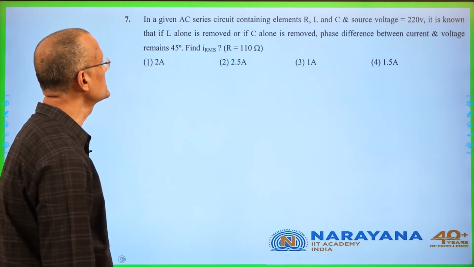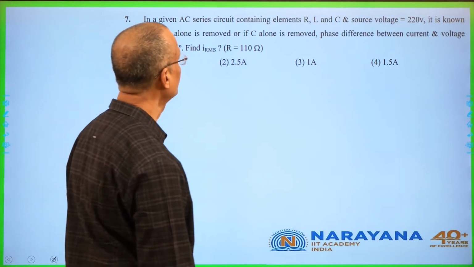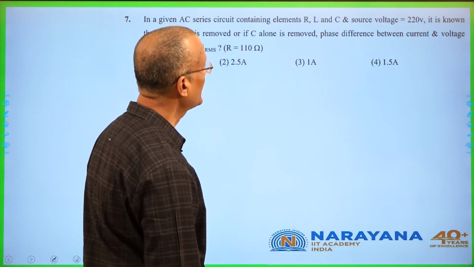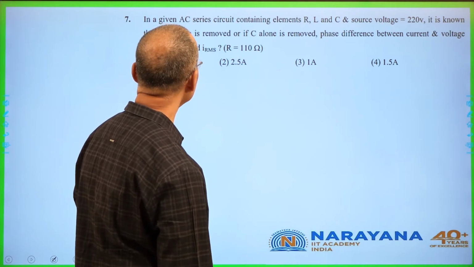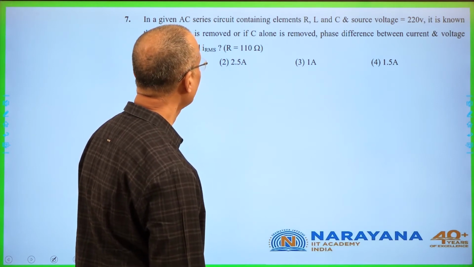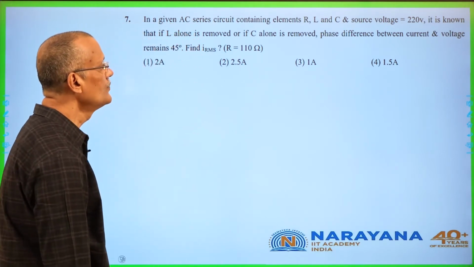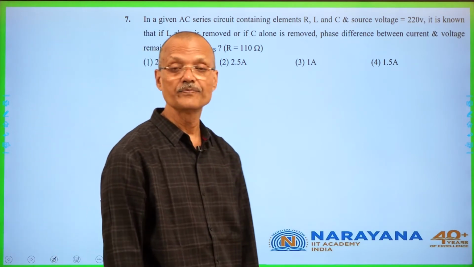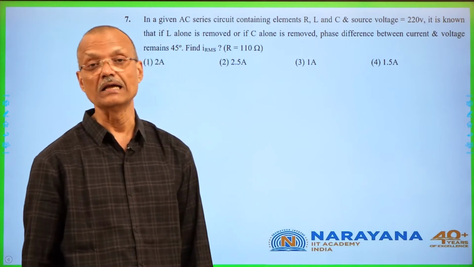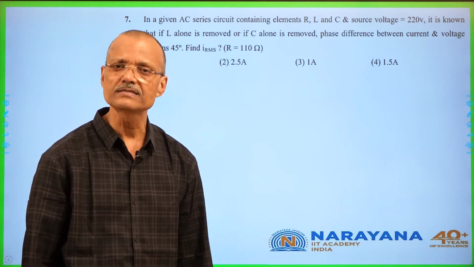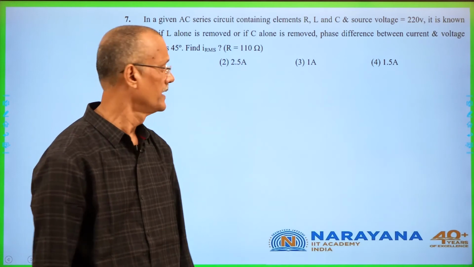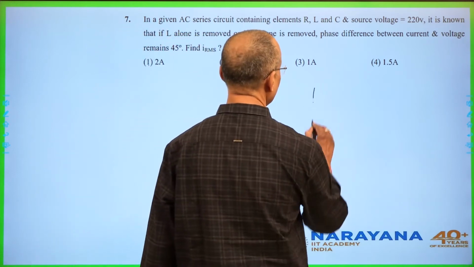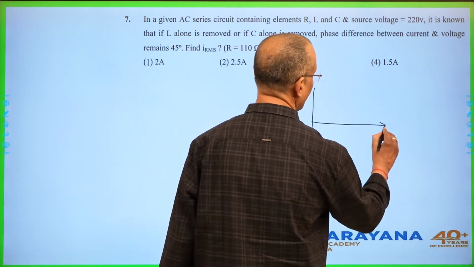In a given AC circuit, a series circuit, it has R, L and C. It is known that if L alone is removed or if C alone is removed, the phase difference between current and voltage is not changing. It remains 45 degree. It directly means that it is a series resonant circuit now. I am taking the phasor diagram.